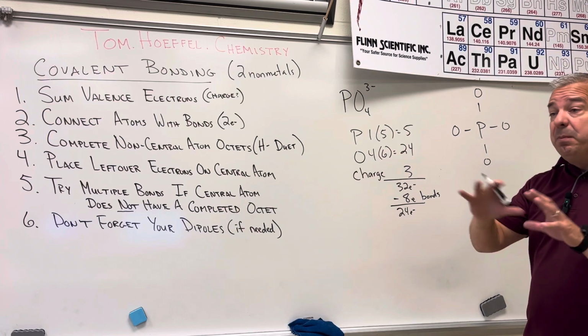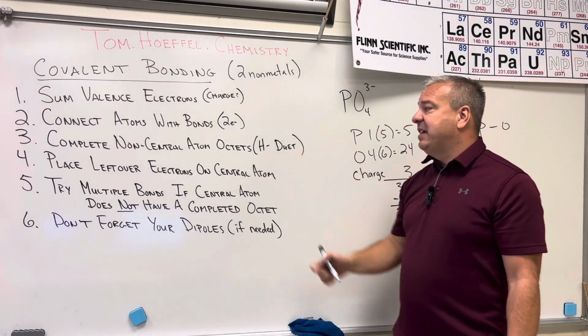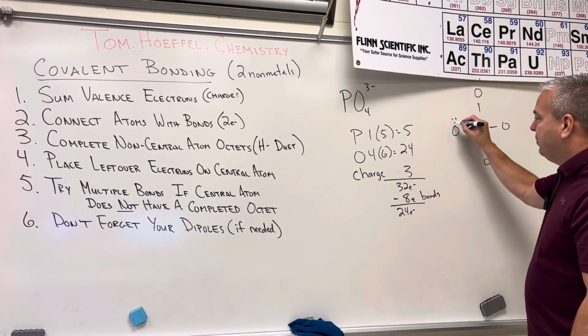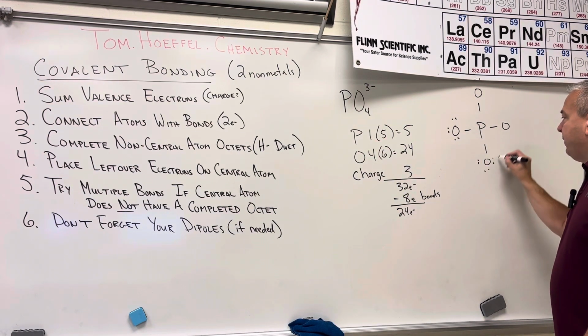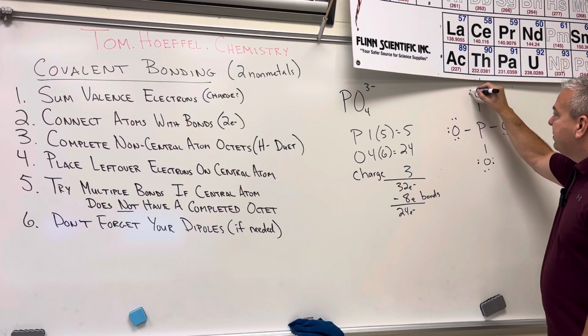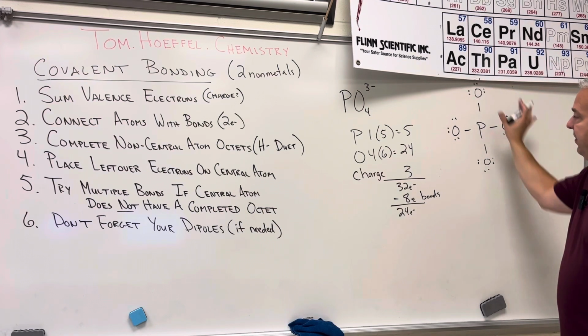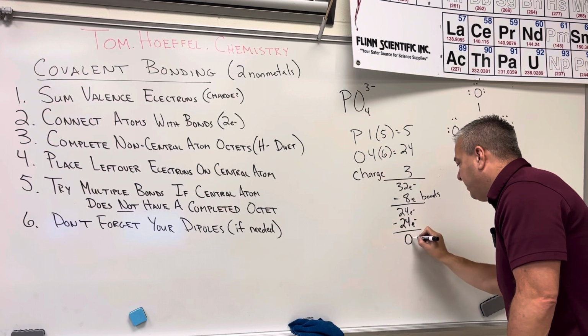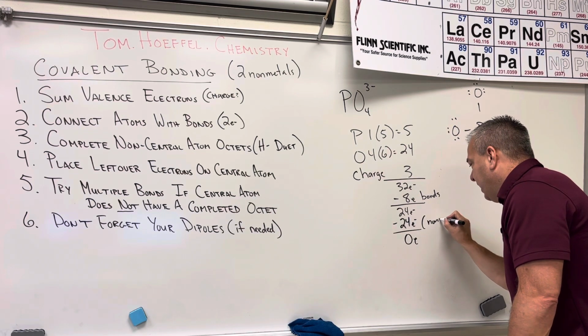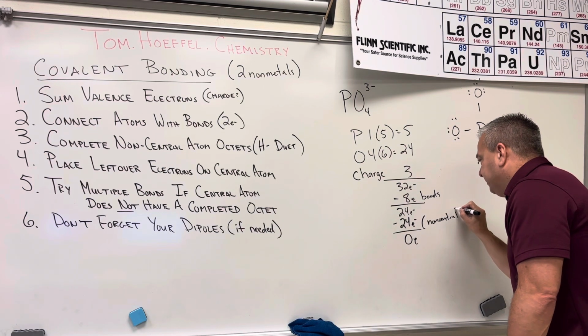They go to complete the non-central atom's octet. So 2, 4, 6 plus the shared gets me up to 8. Same thing for all the other oxygens. Actually, all of the electrons were used up on the non-central atom.